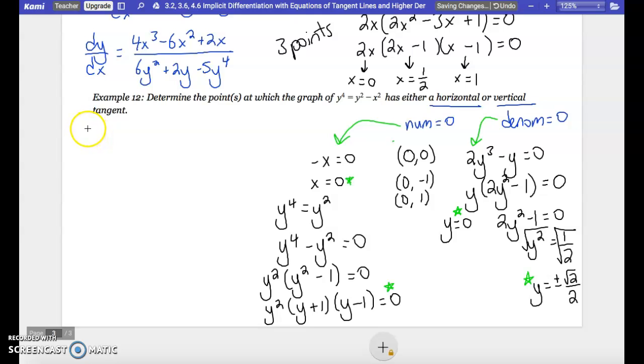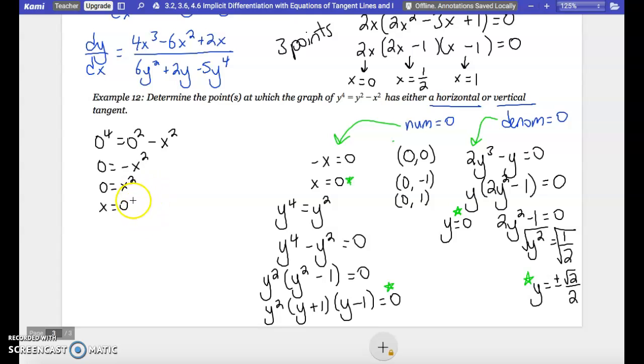If I plug in, let's start with 0. So 0 to the 4th equals 0 squared minus x squared. Then I would get that 0 equals negative x squared, which means 0 would equal x squared. So x would equal 0. Okay, so that's one option.